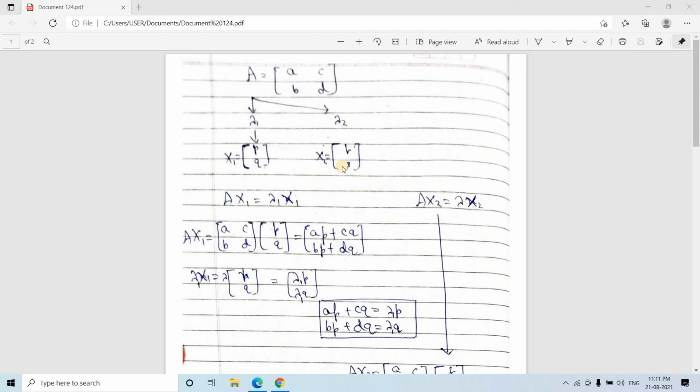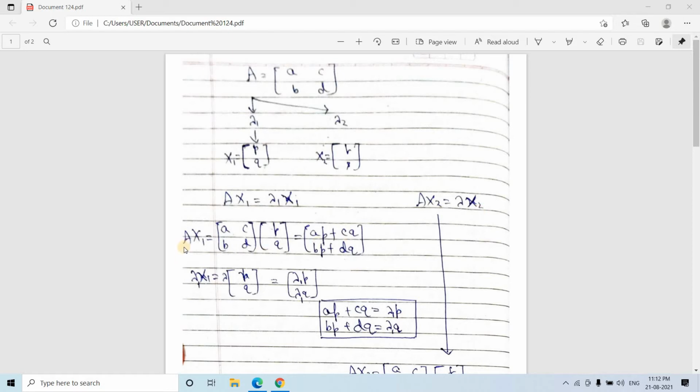The only change will be in magnitude, and that scale factor is lambda 1 and lambda 2. That's the eigenvalue concept. In simple words, A x1 equals lambda 1 x1 and A x2 equals lambda 2 x2.